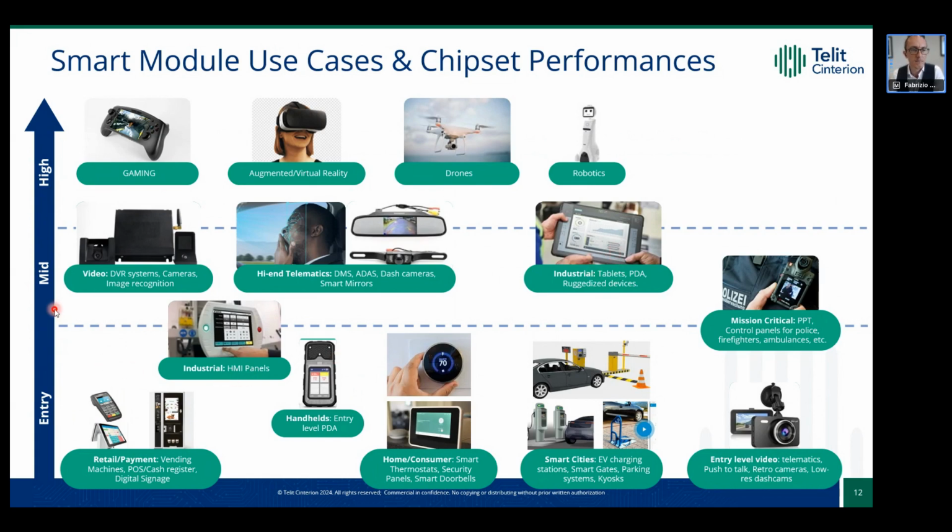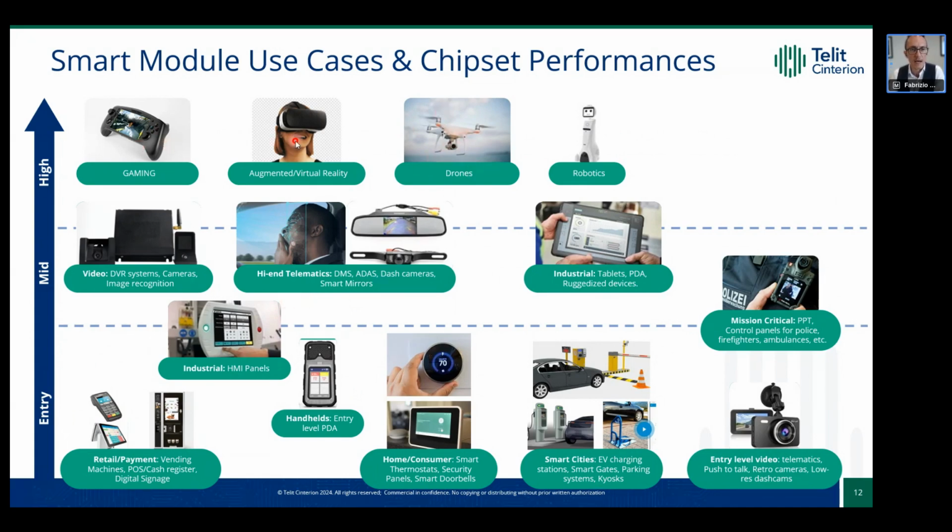In the middle, even better in the high tier chipset performance, smart modules are able to run AI algorithms that are also quite complex or quite demanding. For example, in the telematics field, leveraging smart modules, you can develop applications like driver monitor systems, advanced driver assistance systems, and so on.